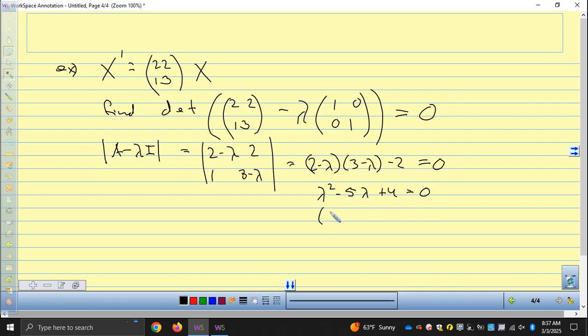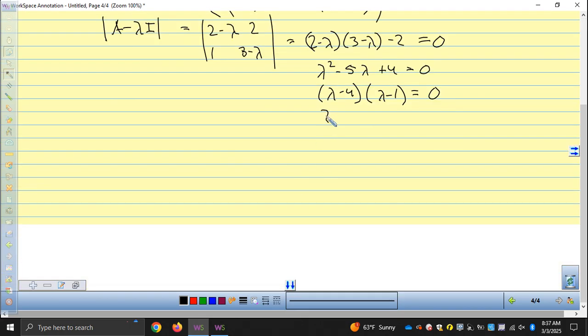And this factors nicely. Lambda minus 4 times lambda minus 1 equals 0. So this means lambda 1 equals 4, and lambda 2 equals 1. Those are our two eigenvalues.